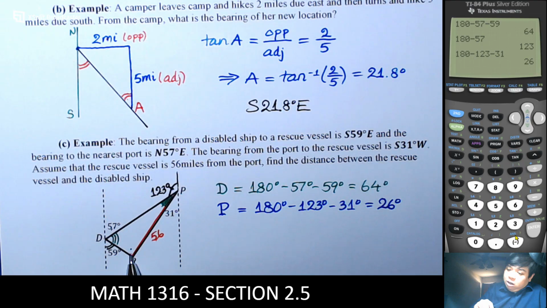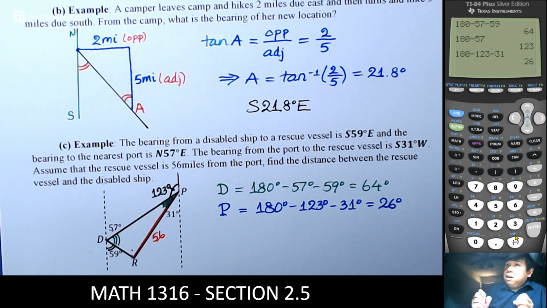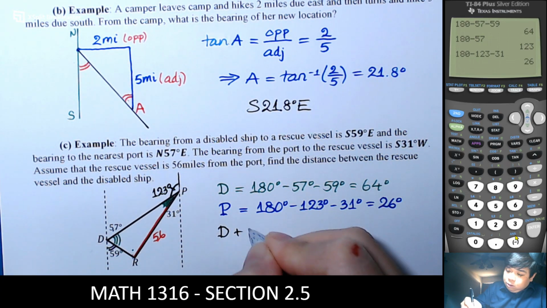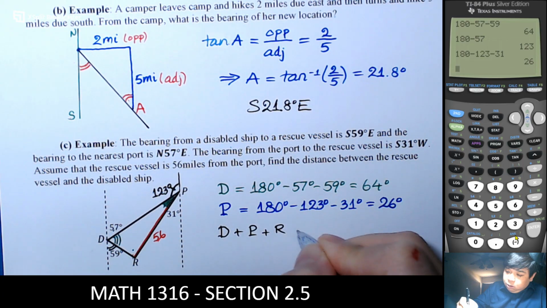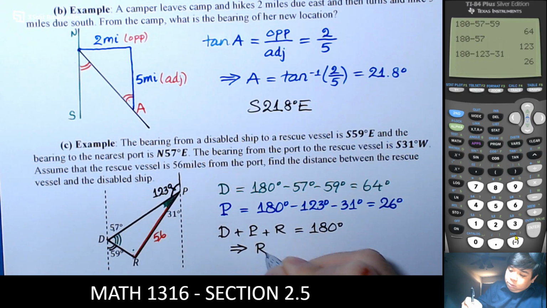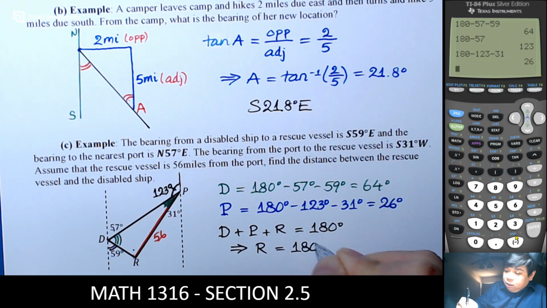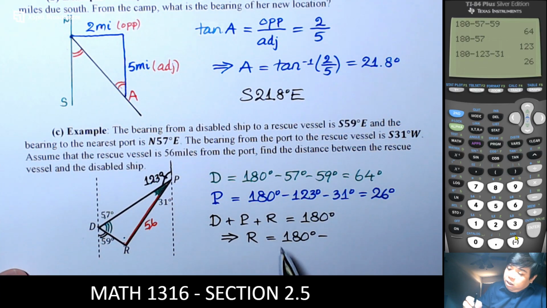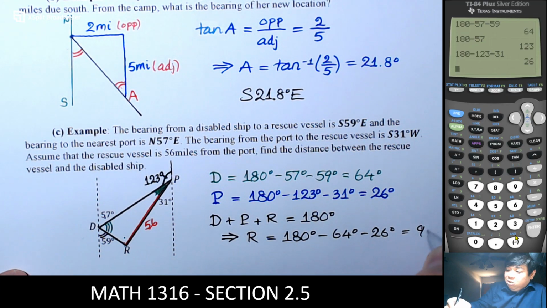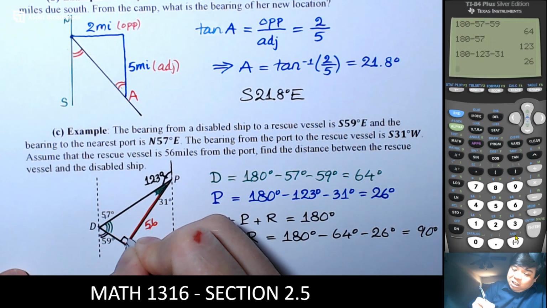And now the angle R. D, R, and P add up to 180 degrees because that's a triangle. 180 minus 64 and 26. Well, that's exactly 90 degrees. Okay, good. So we have the 90 degree angle here.